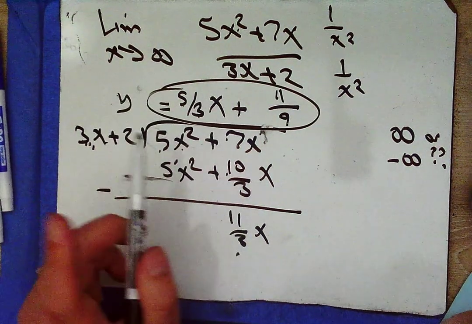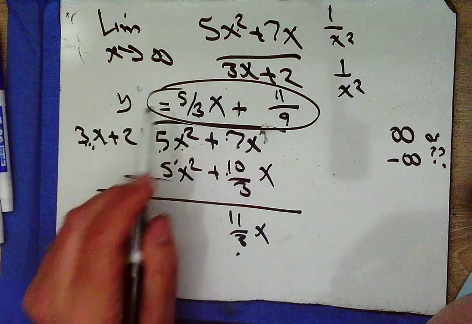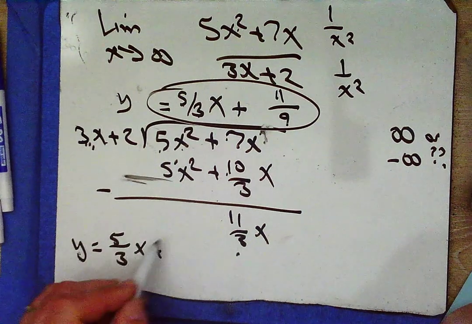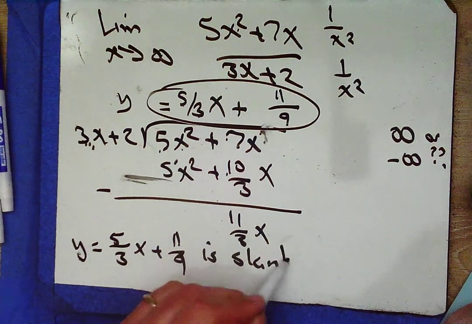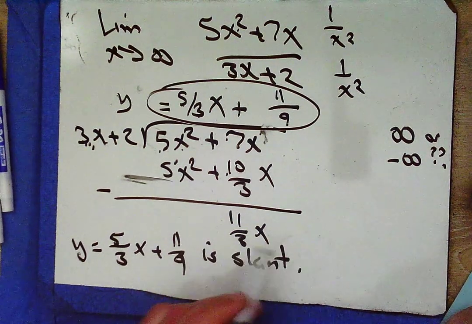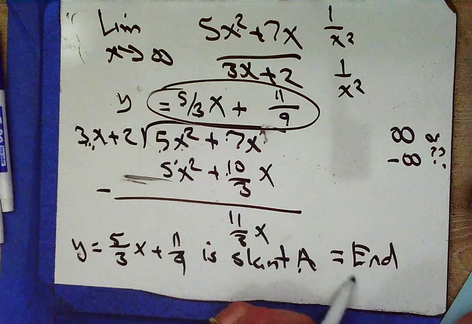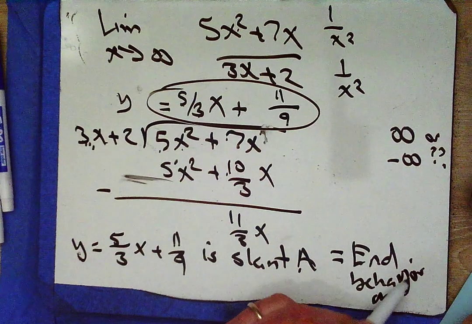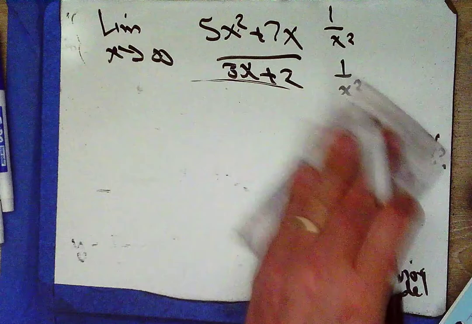But I actually want to ask a different question. While it's true I could say y equals 5/3 x plus 11/9 is the slant asymptote, and therefore it's also my end behavior model, I also want to think in terms of this limit.